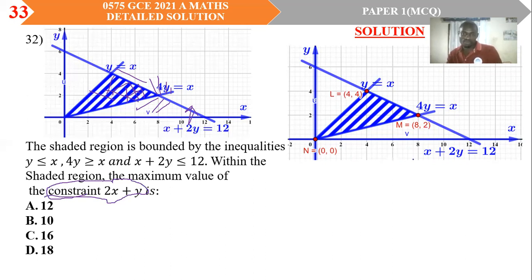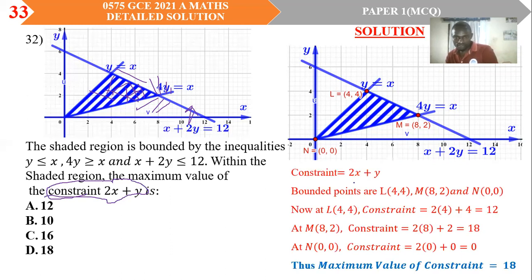And now we bring down the constraint. The constraint is 2x plus y. And now, how do we know each region? The bounded points are (4, 4), (8, 2), (0, 0), as we've indicated.